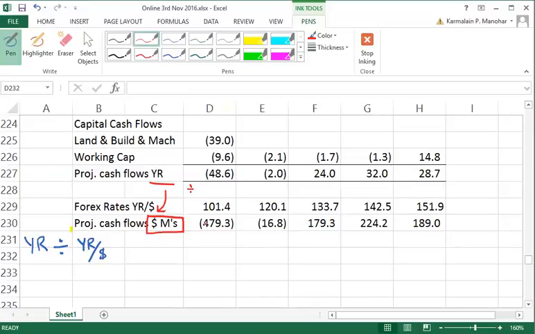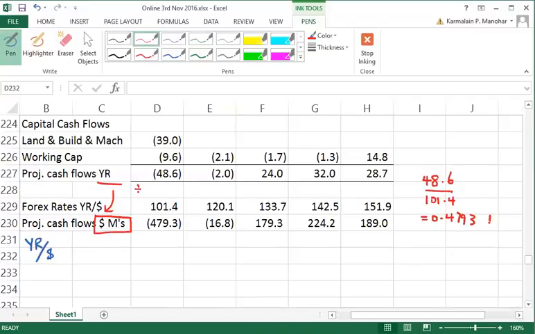So that will give us 0.4 trillion if we just do that division in a calculator, right? So let me digress on the side here. 48.6 over 101.4. It gives me 0.4793.